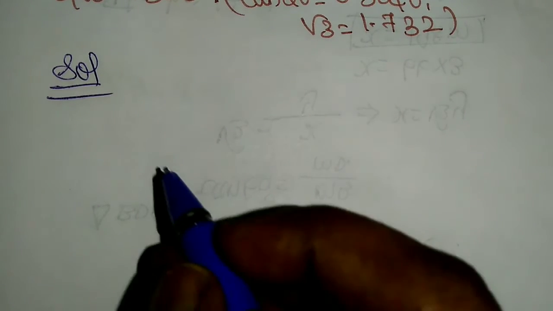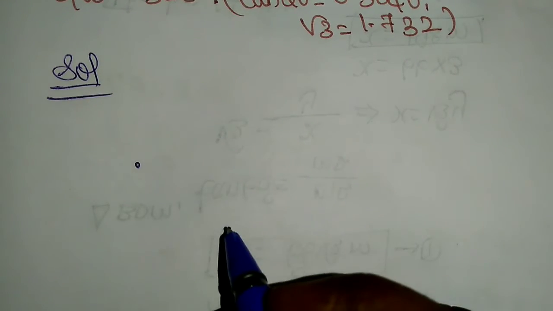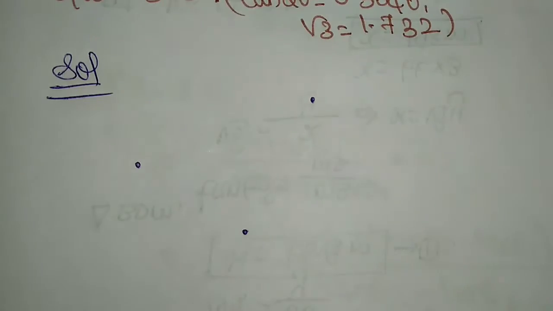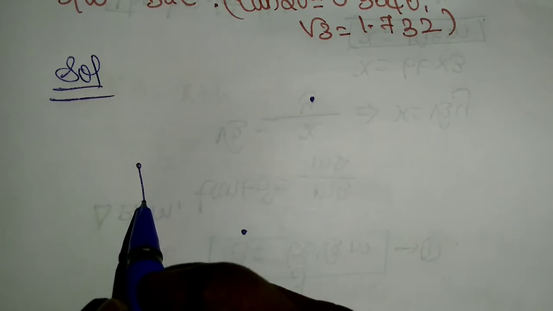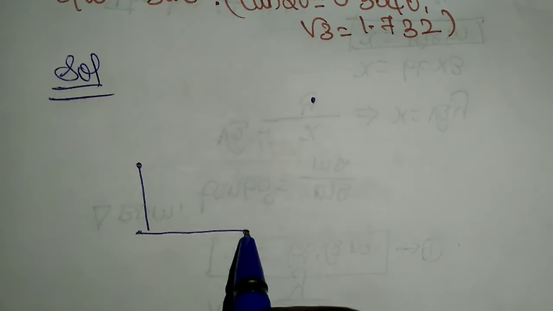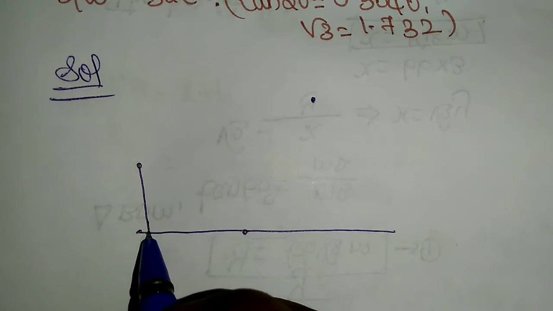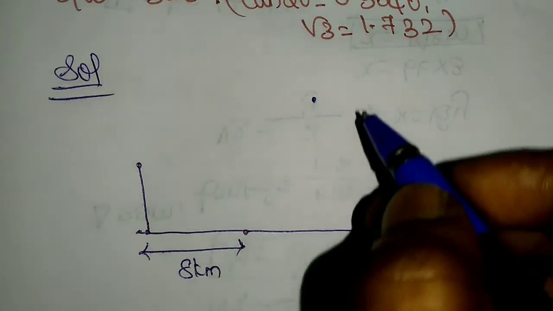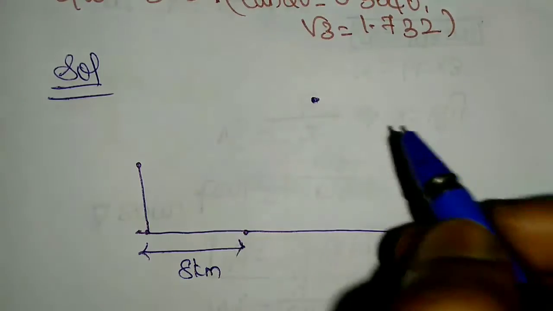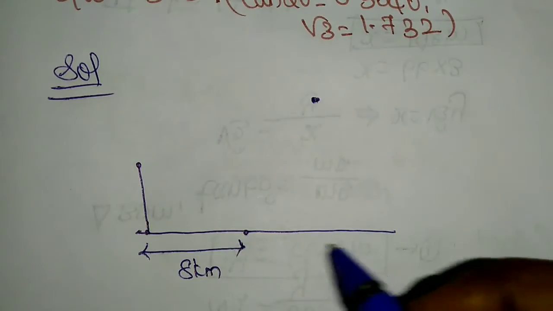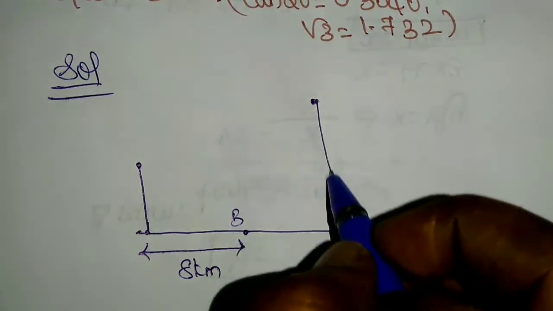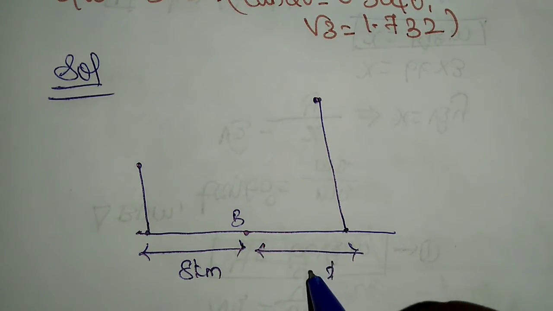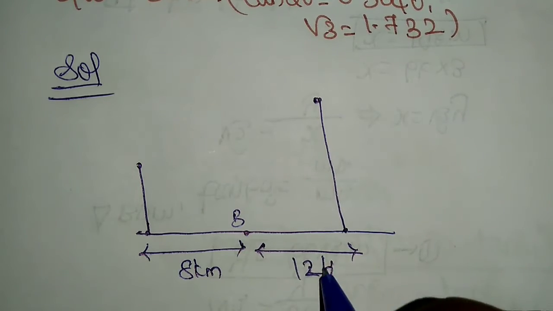Here solution. Here given us three villages. First one is A, second one is B and third one is C. Okay. Here the horizontal distance between A and B is 8 km and the horizontal distance between B and C is 12 km.